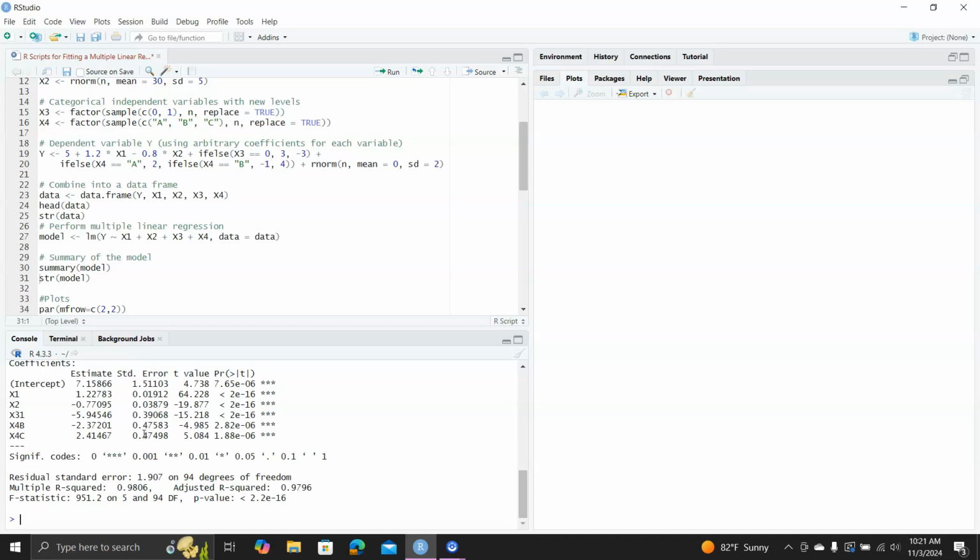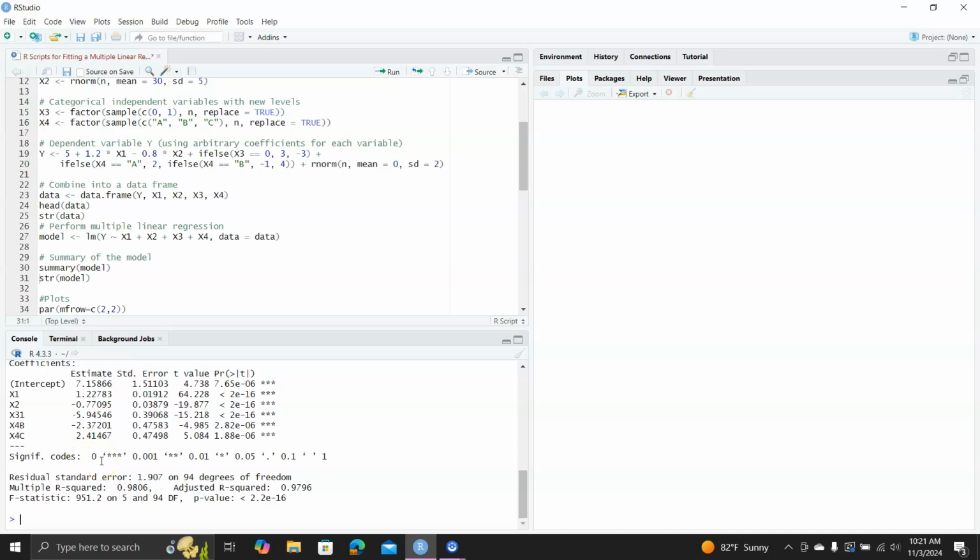For the categorical variable, you have the reference level not showing, but you have the other categories shown there. So beta estimate, standard error, t-value, and p-value, and they're marked with the star system there. Okay.